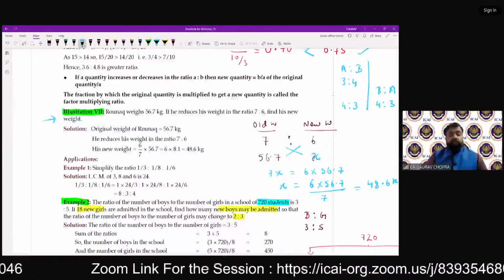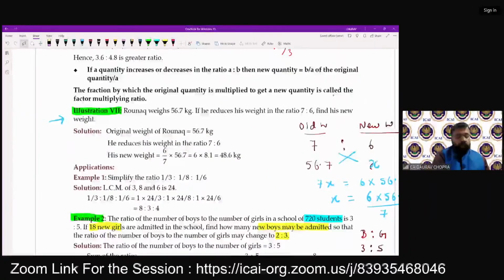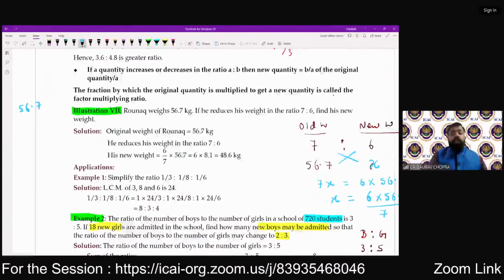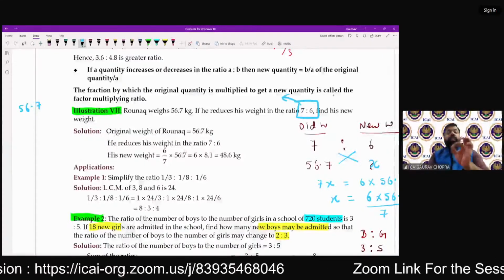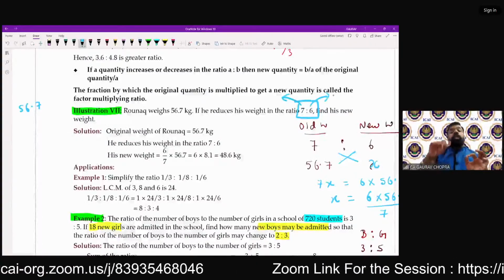If he has reduced the weight, what is the original weight? The original weight was 56.7. The given ratio is 7:6. The first term basically denotes his original weight and the second will denote the new weight.